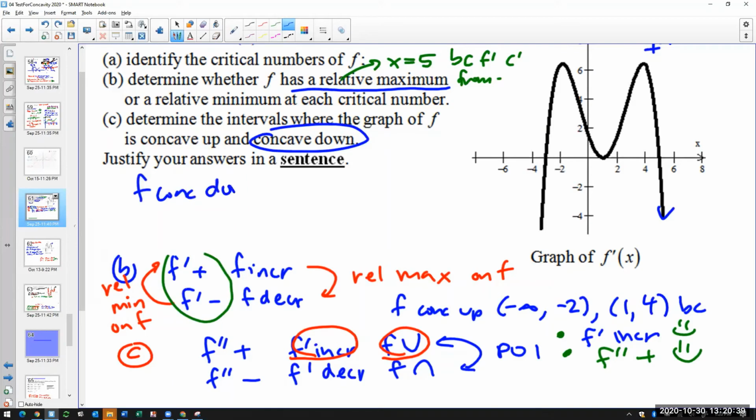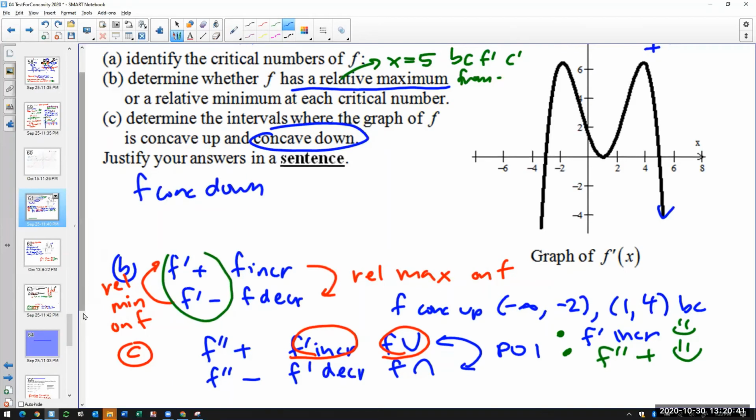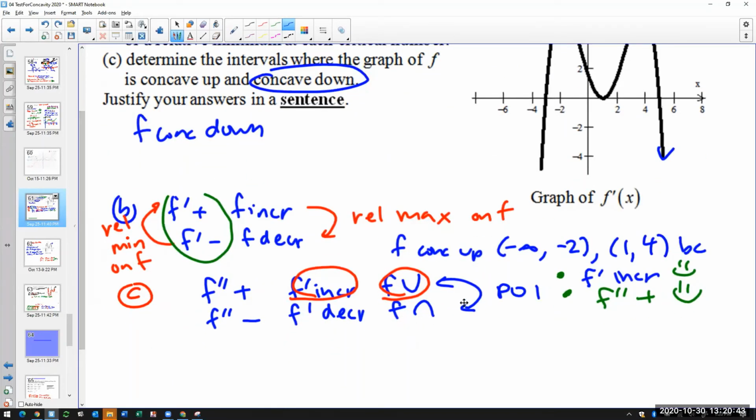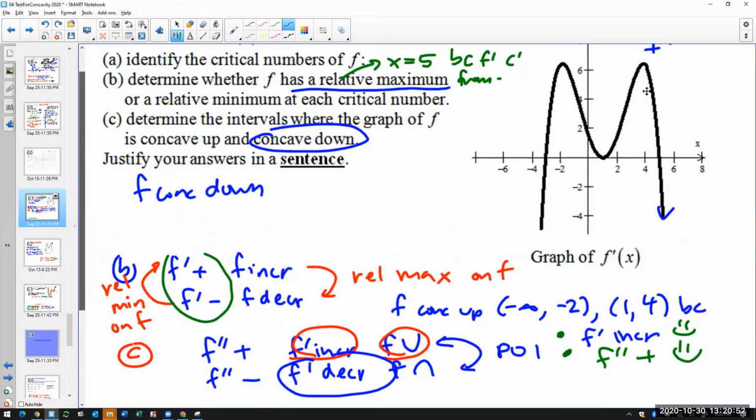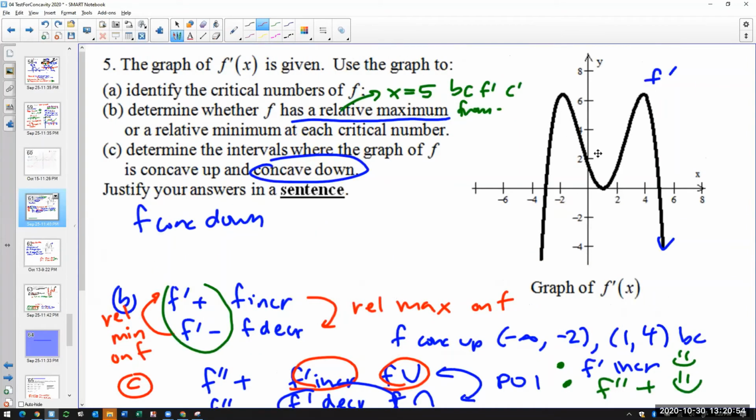Well, if I look at my concavity test right here, f concave down is synonymous with what? f prime decreasing. So come up here and look to see where f prime, this is my f prime graph, is decreasing. f prime is decreasing here. It's all going down. And then, just follow it with your finger. And right here, f prime is decreasing.